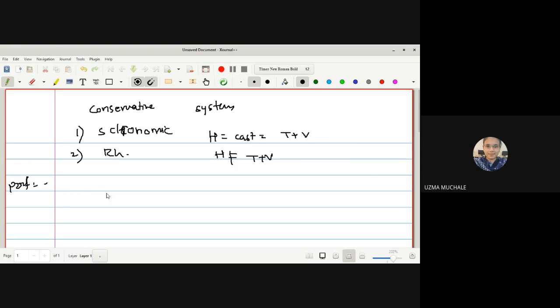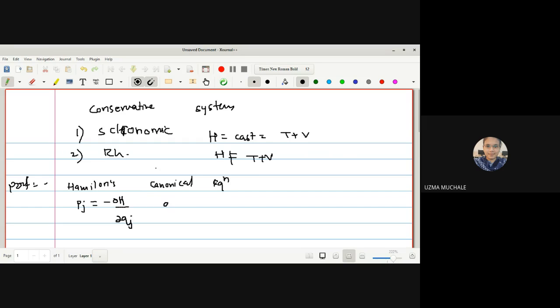We know the Hamilton's canonical equations of motion are given by: Pj dot is equal to minus dou H by dou Qj.